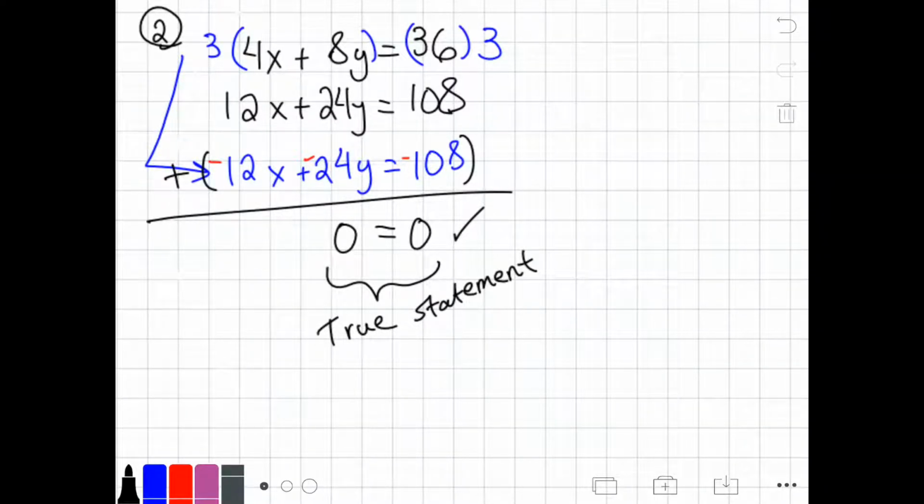Well, what does that mean? Well, similar to solving an equation, what happens when I have no variables and a true statement? I can say that there are infinitely many solutions.